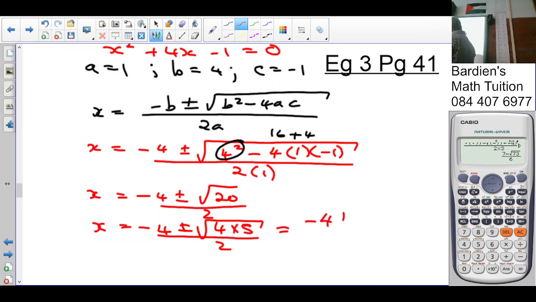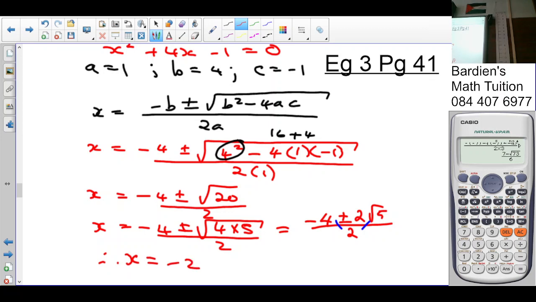So it's negative 4 plus minus 2 root 5 over 2. So now we put each one on its own. Not so? So we got negative 4 divided by 2 is negative 2, plus minus 2 root 5 over 2 is root 5. There we go, without the use of a calculator.